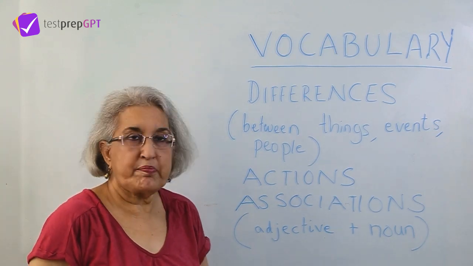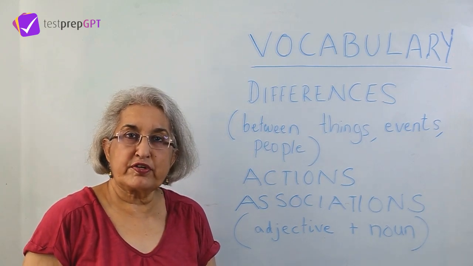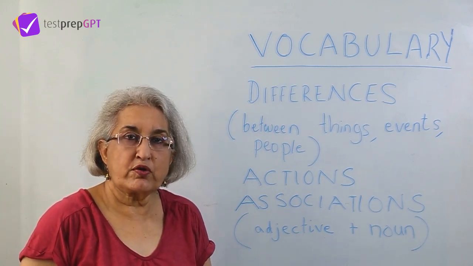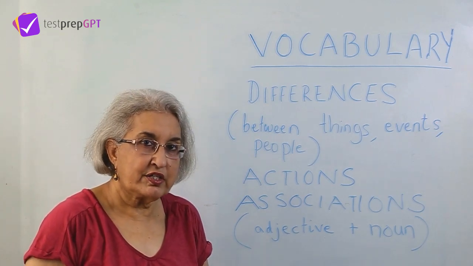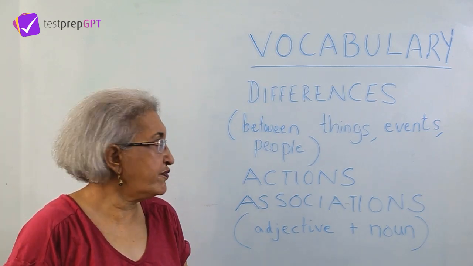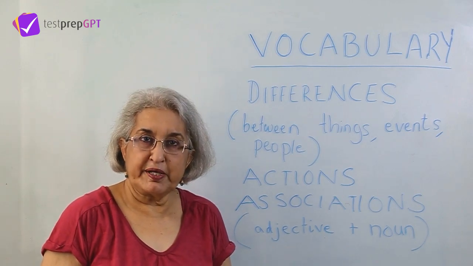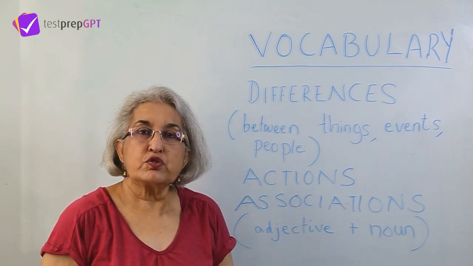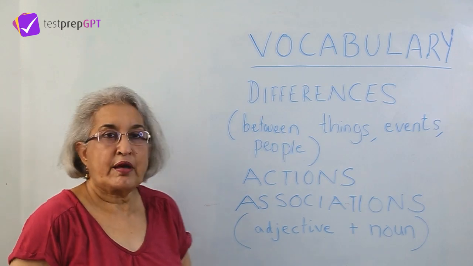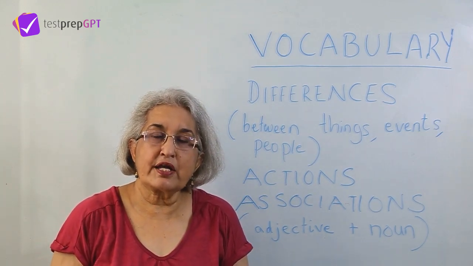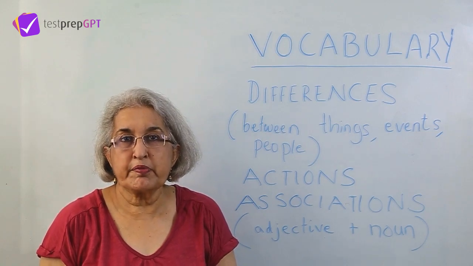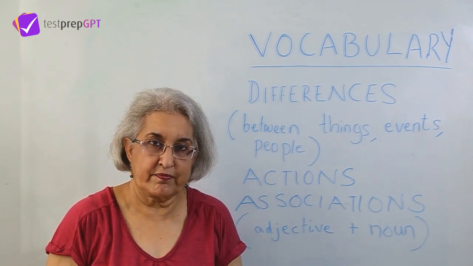One thing we can think about is the difference. The difference between one object and another, or a difference between one event and another, or a difference between one person and another person. To give you an example, what are the things that you find in your home but that you don't find outside?